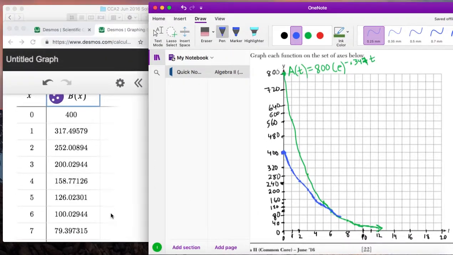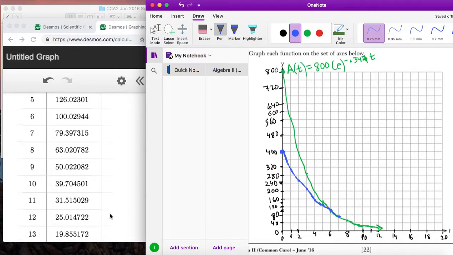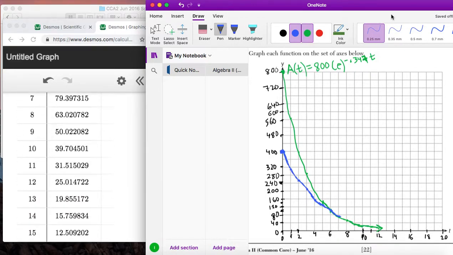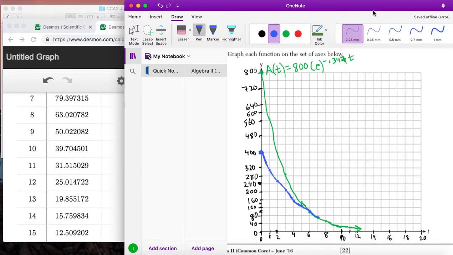Let's continue from 8 onwards, so 63, 50. 63 is going to be a little over halfway between 40 and 80, which is 60. Basically we just need to sit above the green graph. Then we get 50. Then 39.7, a little bit under 40, so we're nearing the end of this graph cycle.